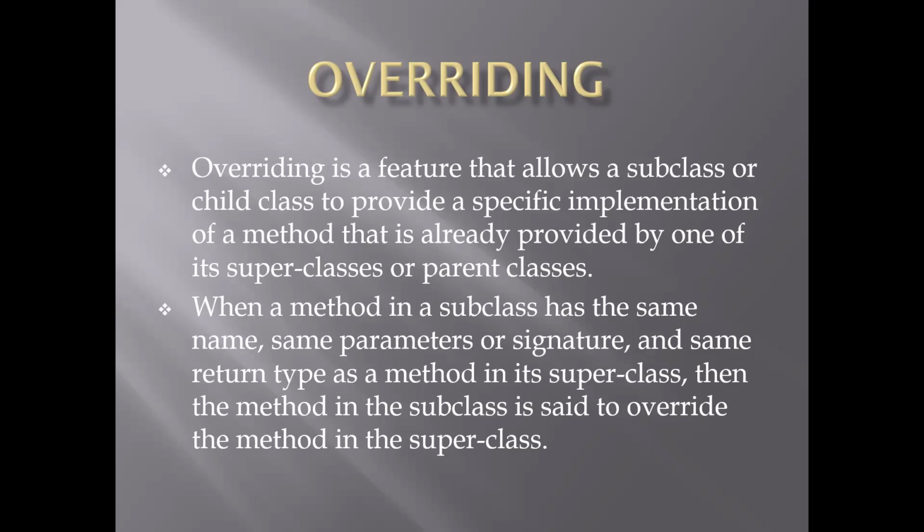So when a method in a subclass has the same name, same parameters and signature, and same return type, but the implementation is different, like we change the functionality or the implementation of this method in its body, but the rest are all the same as the superclass.